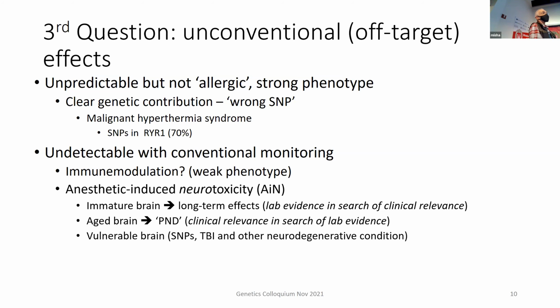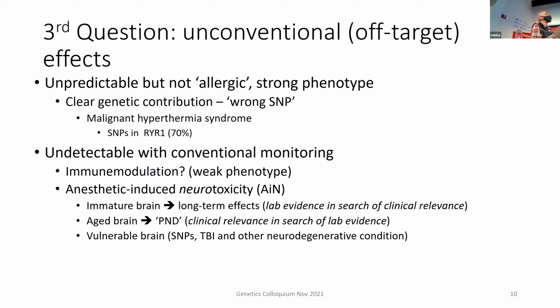The situations that I can imagine are specific single nucleotide polymorphisms in some proteins with which anesthetics can interact. Anesthetics interact with almost every protein, as long as it has a cavity of more than 100 cubic angstroms. And there are lots of them.